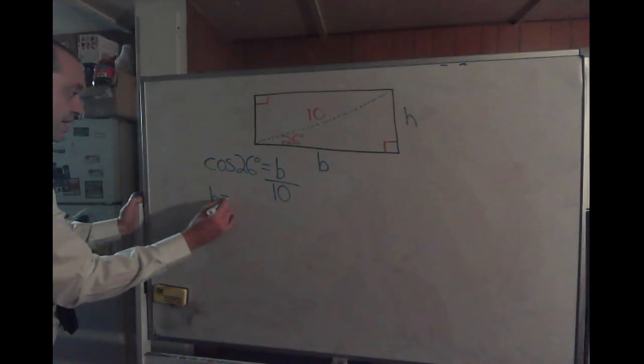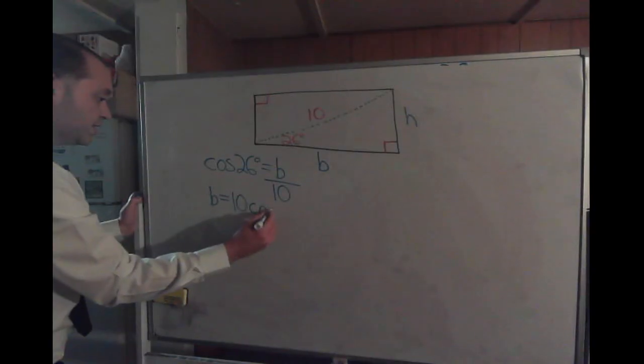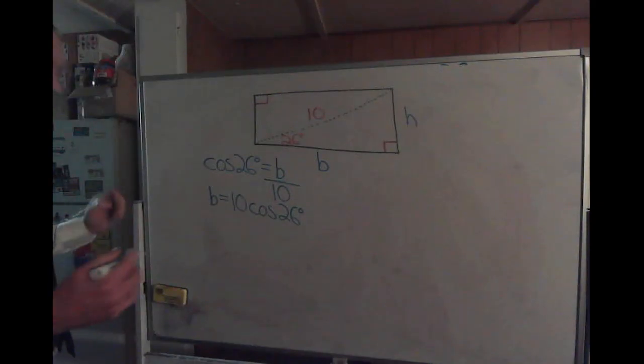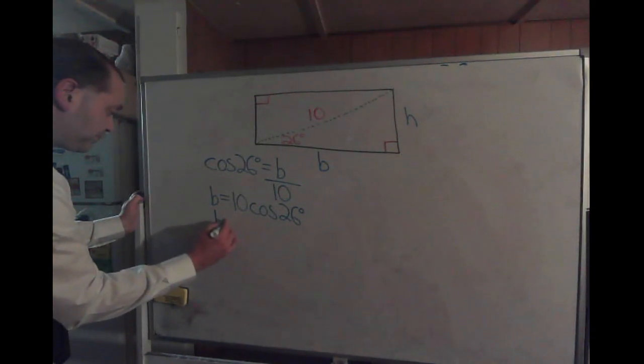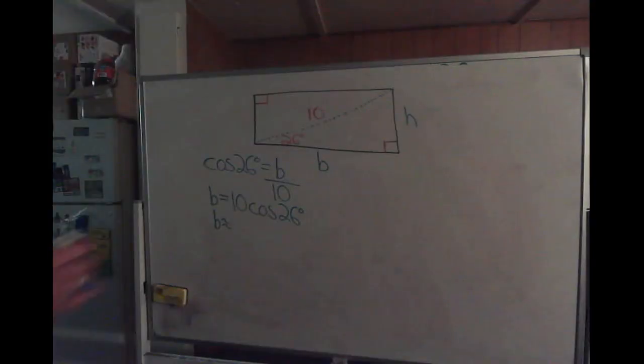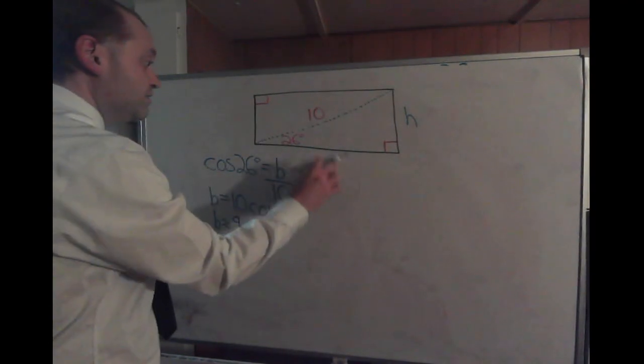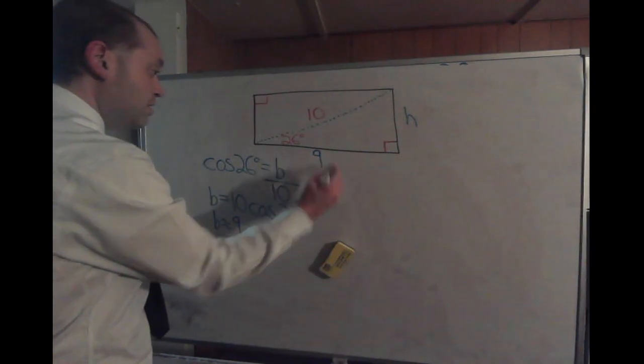So that means the length of your base is going to be 10 times the cosine of 26 degrees, which we're going to round to the nearest tenth, to 1 decimal place. So when you do this, make sure your calculators are in degree mode. And let's see. Good, mine's in degree mode. So 10 times the cosine of 26 gives me about 9. Pretty much 9. So my base has a length of approximately 9.